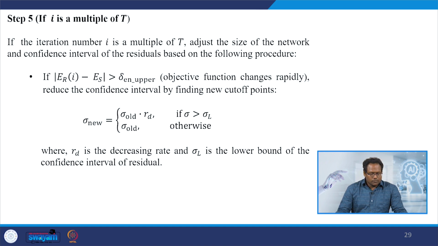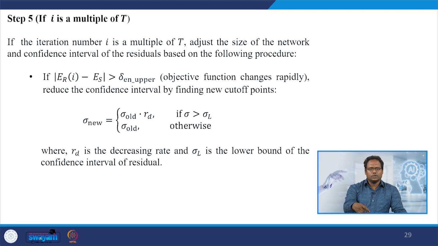If the norm, or the magnitude of the discrepancy, between ER of I and ES is greater than the upper threshold value delta, then the objective function changes rapidly, so reduce the confidence interval by finding new cutoff points, given by sigma new equal to sigma old into RD if sigma is greater than sigma L, or sigma old itself otherwise, where RD is the decreasing rate and sigma L is the lower bound of the confidence interval of residuals.